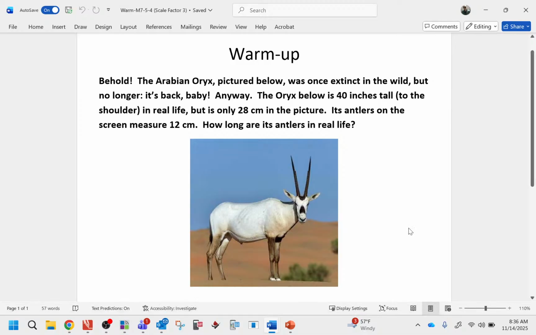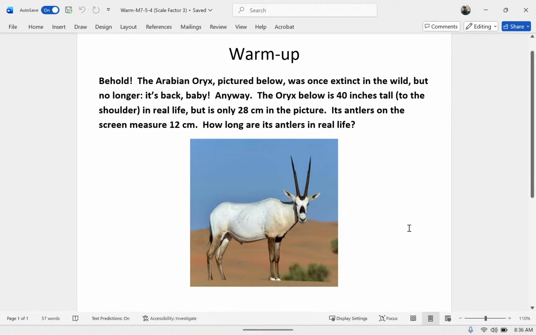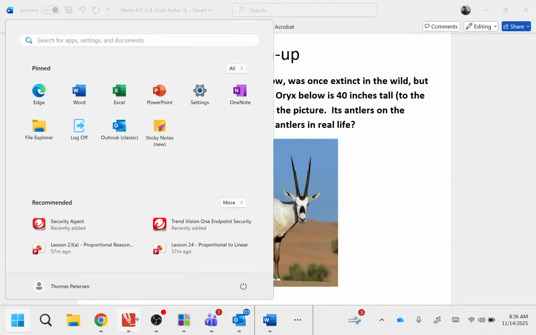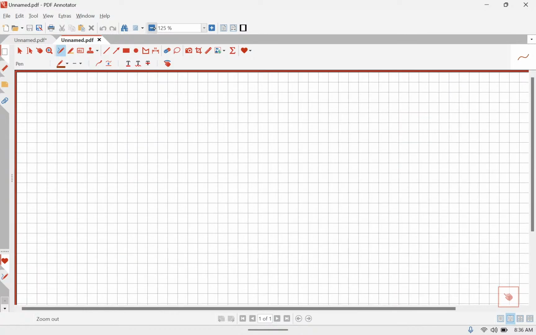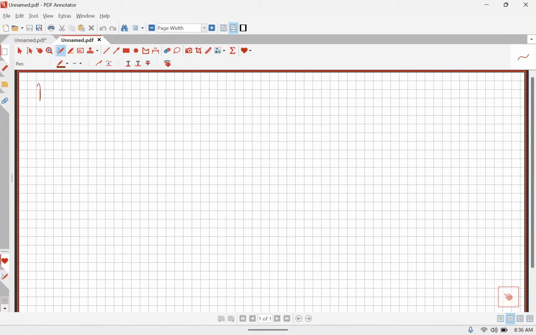Those of you at home, I want you to pause the video, work on this, unpause, because we're ready to talk. Let's do this. I'm going to write this down here, guys. So the real oryx is 40 inches tall. The real horns, we don't know how many inches tall they are. That's the real oryx, like the oryx in the back.